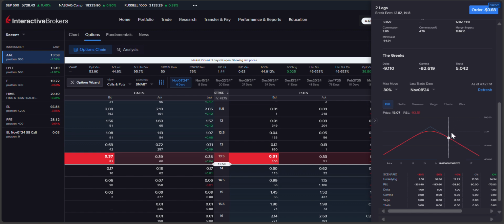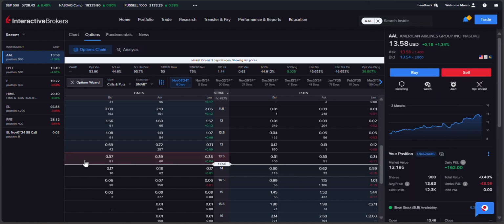A slightly bigger move and you are already losing, and of course your gain is limited to the premium that you already received. And so this is how it is.